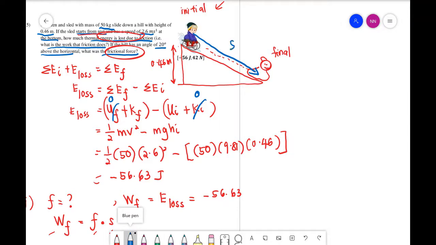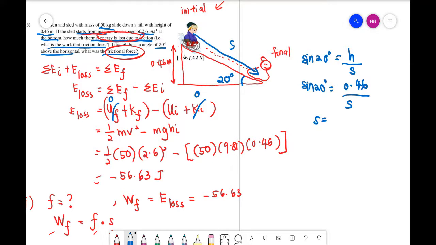We can find displacement S from trigonometry. The angle above the horizontal is 20 degree, so we use trigonometry: sin 20 degree equals opposite over hypotenuse. The opposite is H and the hypotenuse is S. We substitute H as 0.46, and S is the unknown we want to find.